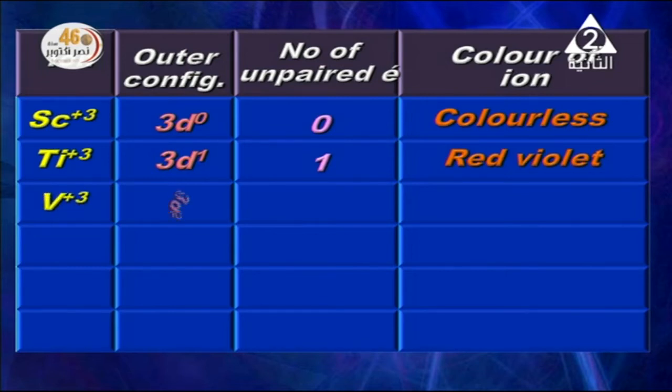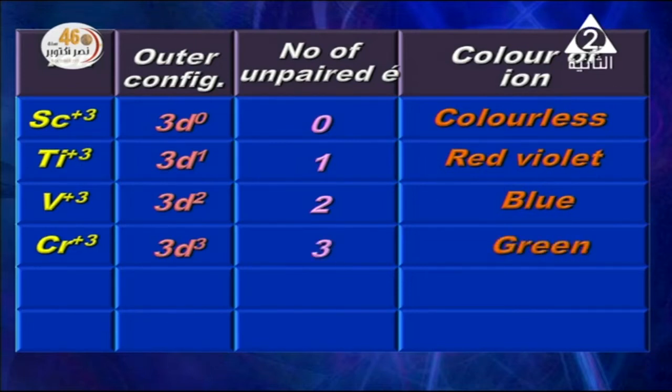Vanadium positive 3 has 3d2, so 2 unpaired electrons, so it is colored and has blue color. Chromium positive 3 has outer configuration 3d3, so 3 unpaired electrons, so it is colored and has green color.